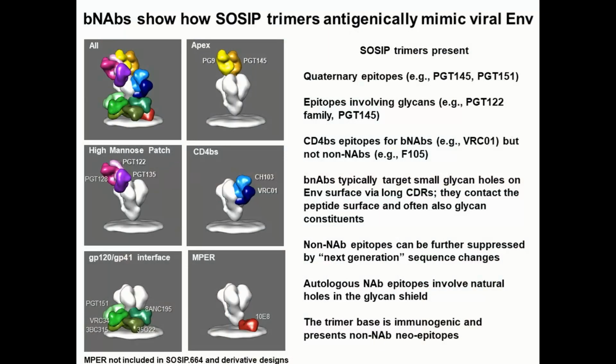And when we make the trimers, again, this is work from Andrew Ward, you can generate electron microscopy images of where all of these different bNAbs bind. These different colors are all different bNAbs that recognize different sites on the trimer. That one is the trimer apex, PGT145. As I say, it's completely specific for trimers.